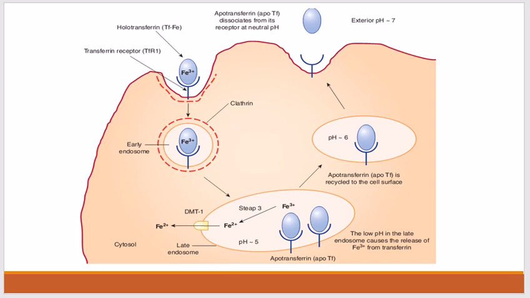Again, it is a transferrin cycle. This diagram also shows the receptors which are present on the surface and transport of these receptors and iron molecule within the enterocytes.